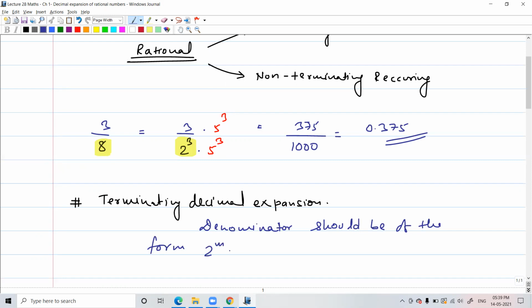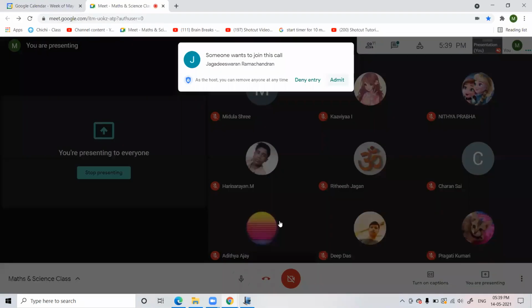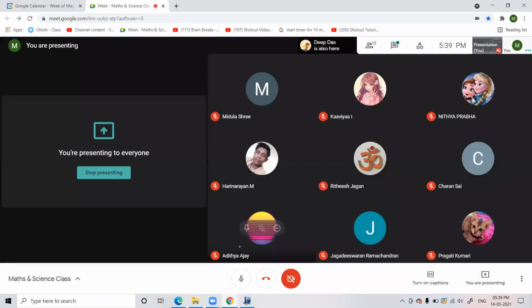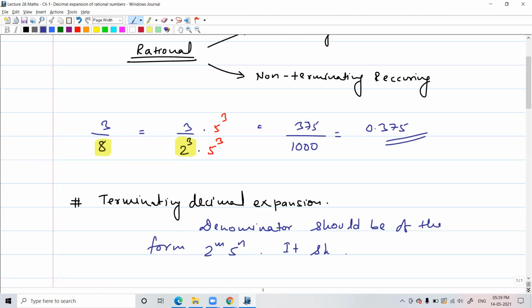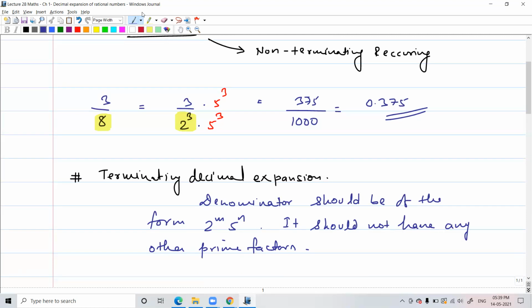It should be of the form 2 to the power m and 5 to the power n. It should not have any other prime factors other than 2 or 5. So quickly confirm, all of you, do you understand this rule or this theorem? Yes, sir. Okay.